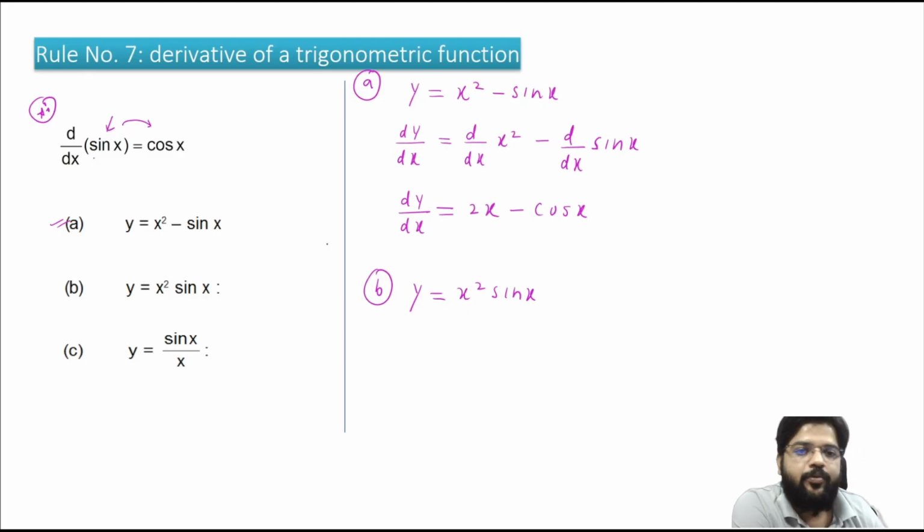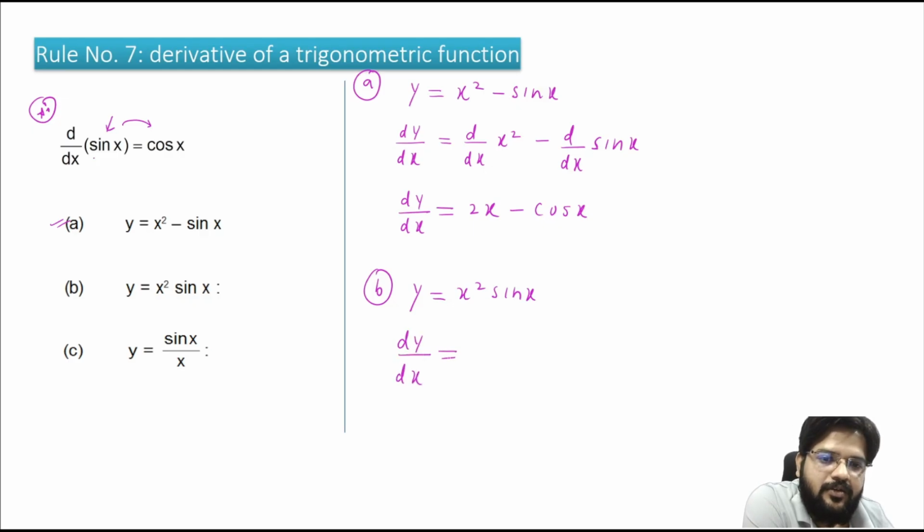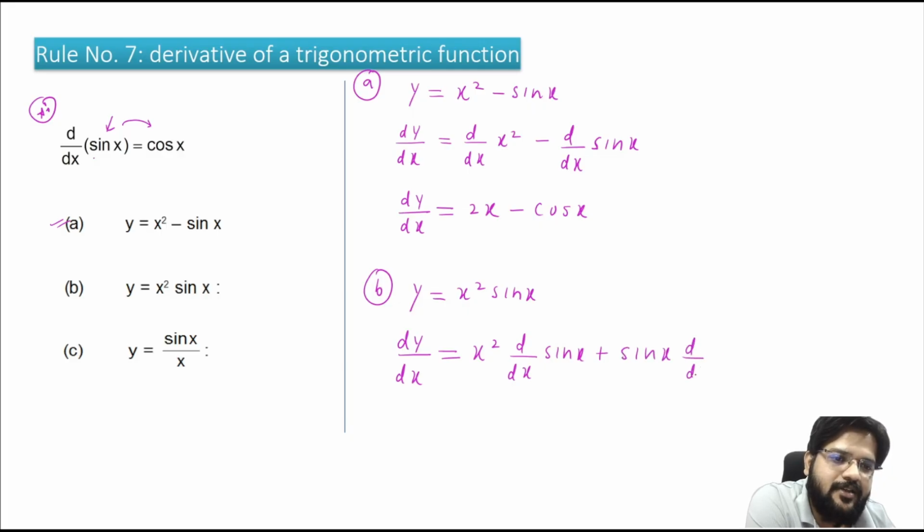So here apply the product rule, everyone, and according to the product rule, what will we get, dy by dx. So here we have two functions, x square and sin x. So x square we are writing as it is, then we are doing differentiation of sin x, then put a positive sign, then sin x we are writing as it is, then the differentiation of x square. Now the differentiation of sin x is what? It is cos x, everyone.